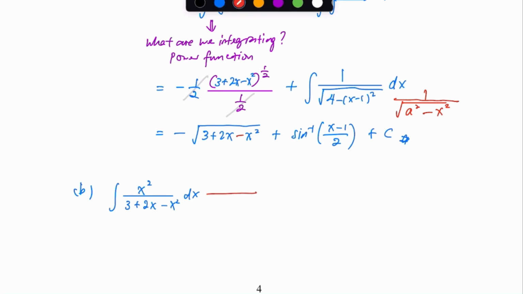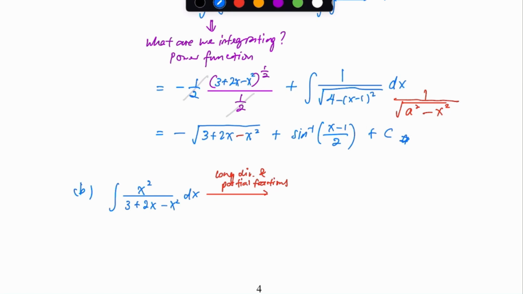Over here, you need to do your long division and partial fraction, which sadly doesn't carry any marks. They only look at the final result.